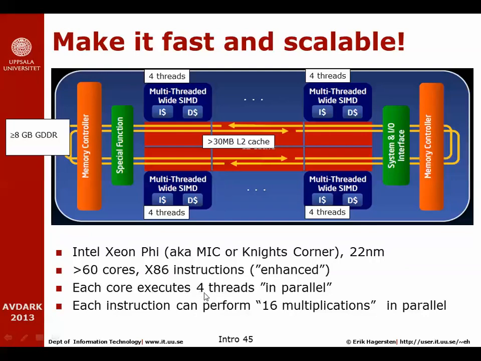Each of these cores actually executes instructions from 4 parallel threads. So it's a total of more than 240 parallel threads executing in this architecture. Each of those instructions executed in parallel is capable of performing 16 multiplications in parallel. So there's lots and lots of parallelism, and we have to make sure that this can all work efficiently and scale well.